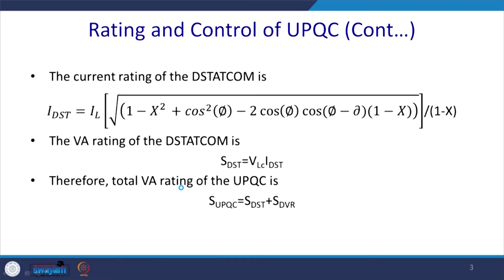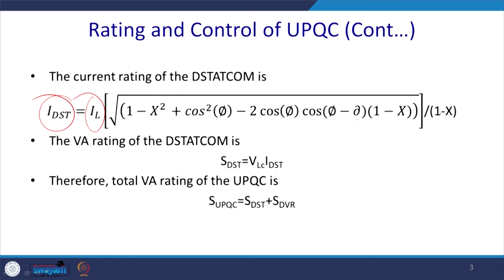Now, let us talk about the current injected by the shunt part of the device. As in the previous case, let us assume the load current is IL. We mentioned in our previous case that x is the sag factor, so it will be IL into 1 minus x square plus cos phi square minus 2 cos phi minus eta 1 minus x by a.